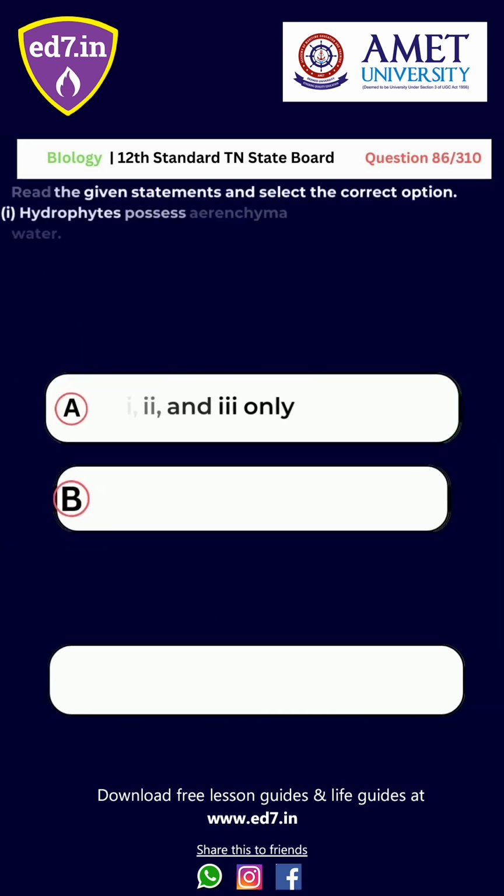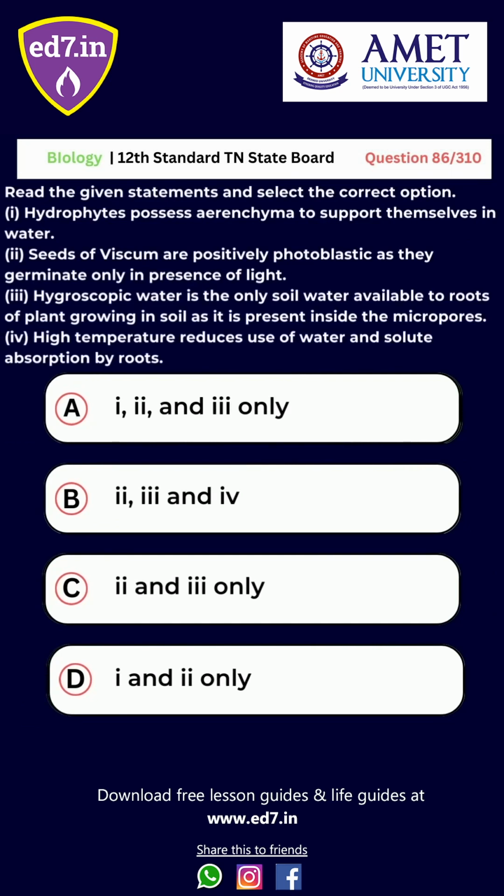Question number 86. Read the given statements and select the correct option. 1. Hydrophytes possess parenchyma to support themselves in water. 2. Seeds of Viscum are positively photoblastic as they germinate only in the presence of light. 3.